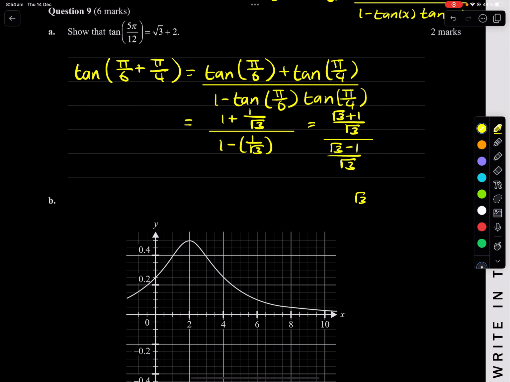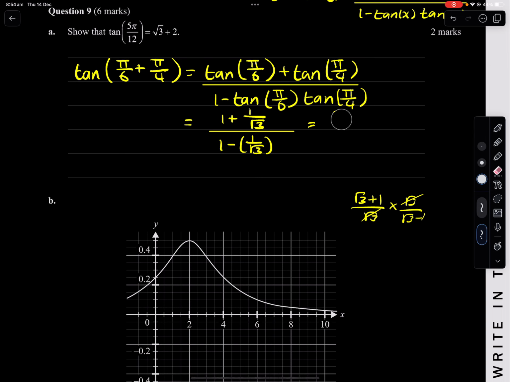So root 3 plus 1 over root 3 times root 3 over root 3 minus 1. We cancel those out. We can simplify this whole expression to root 3 plus 1 over root 3 minus 1.